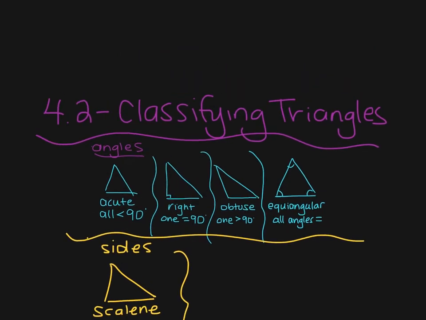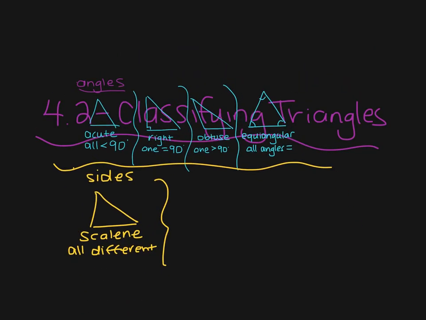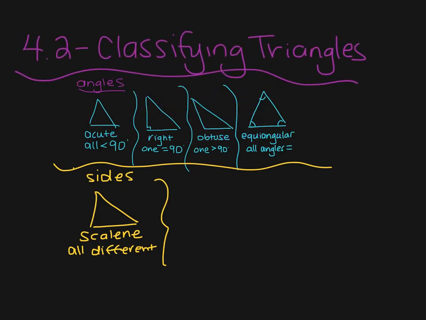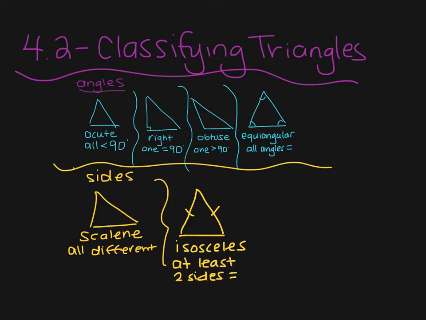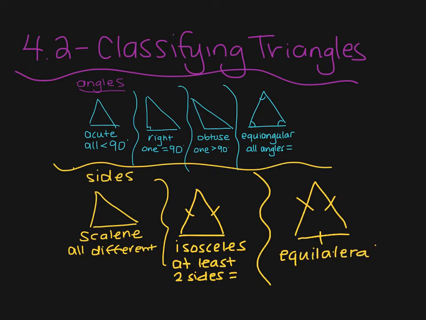There's isosceles, which has at least two sides the same. And the third one, equilateral, which is all three sides the same.